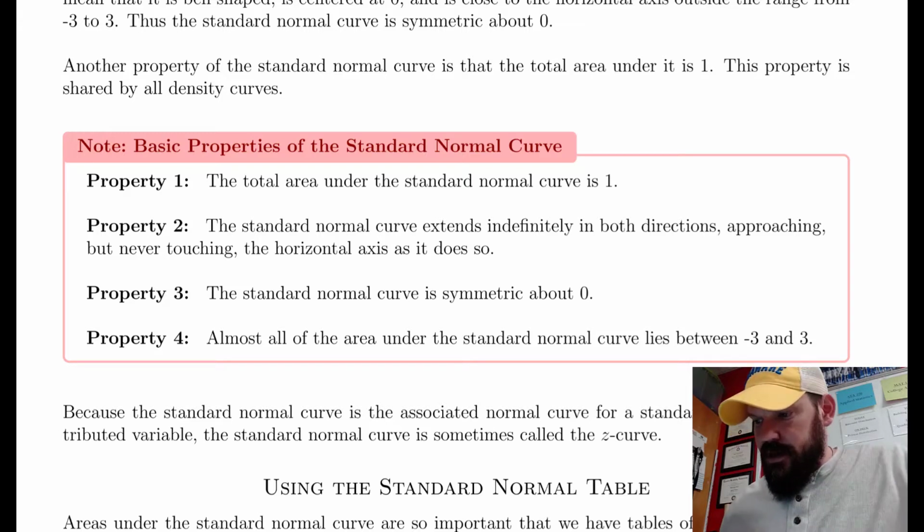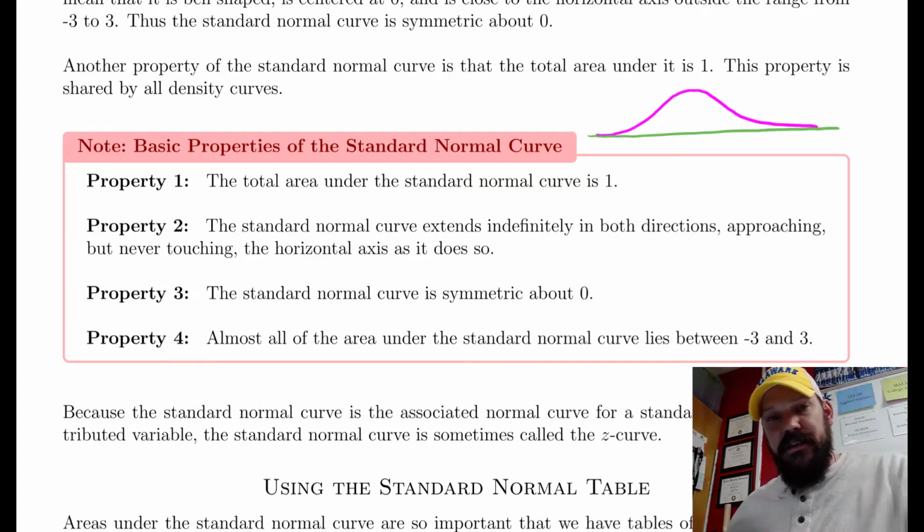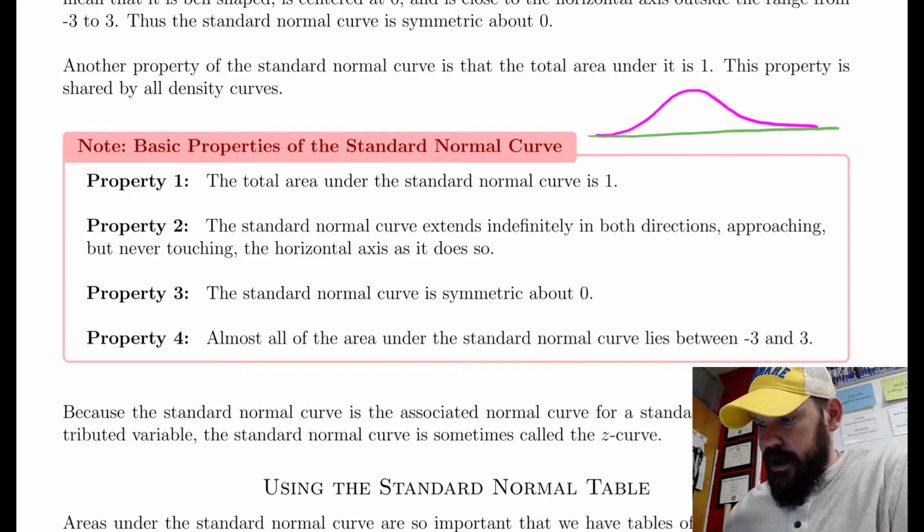I will sketch on here real quick just what we're talking about with the standard normal curve. It is the bell-shaped curve that looks like this. Here is my axis. The graph actually never touches that axis. We have our mean at 0, and then we have 3 standard deviations to the right and 3 standard deviations to the left.